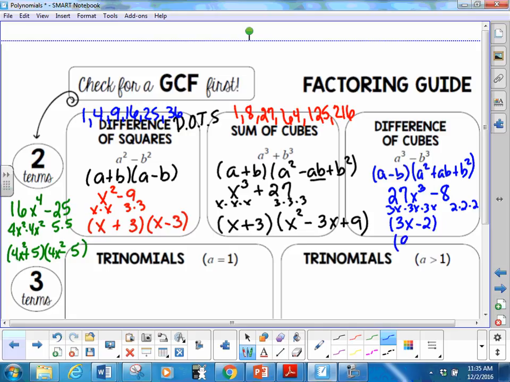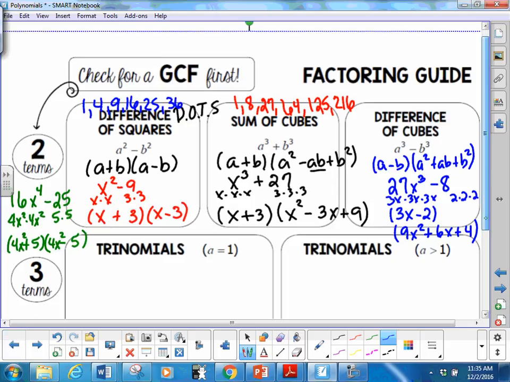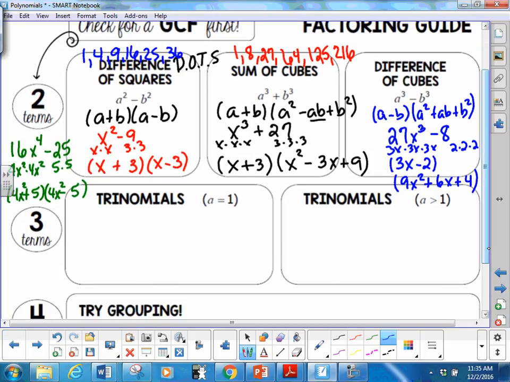Remember, you square the first term, multiply, square the last term. Special cases. No, that's right.